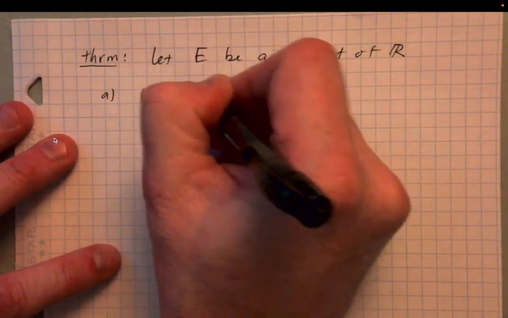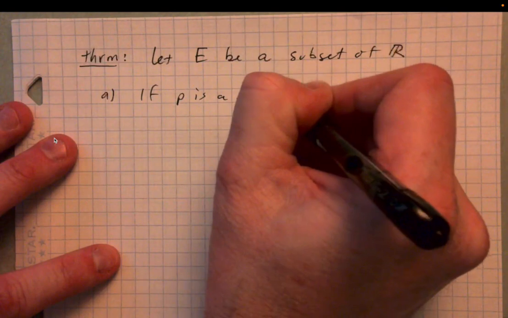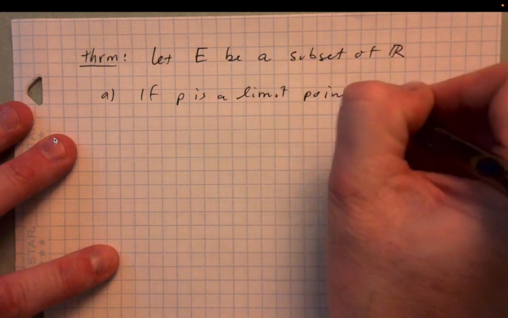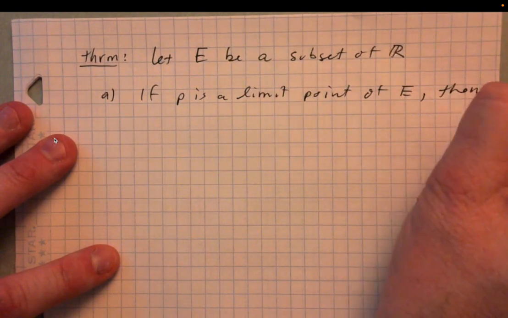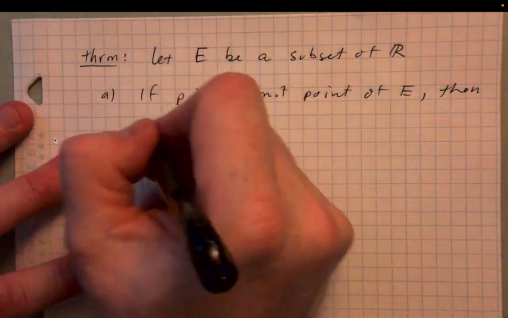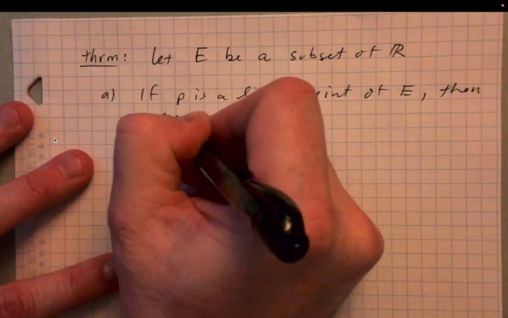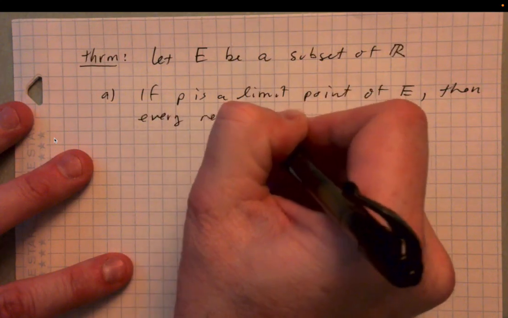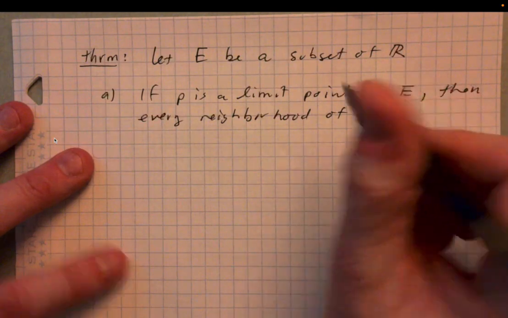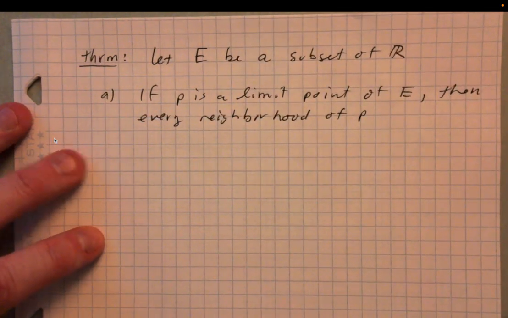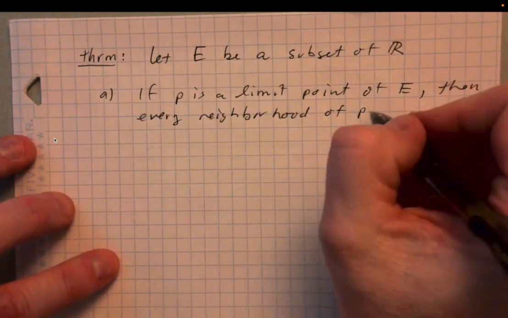First of all, if P is a limit point of E, then every neighborhood of P is going to contain infinitely many points of E.